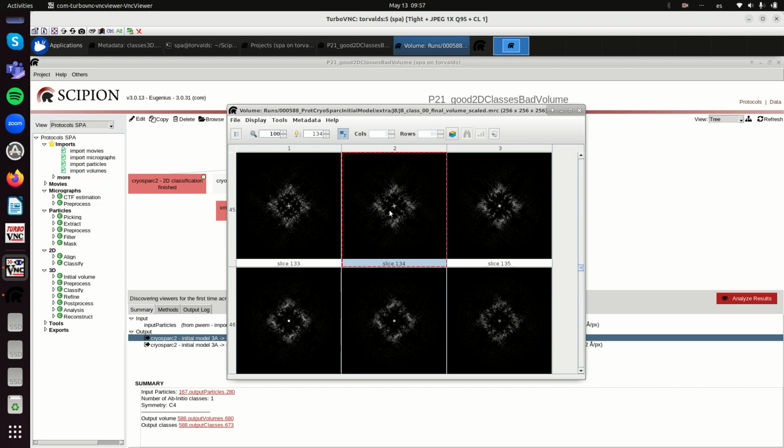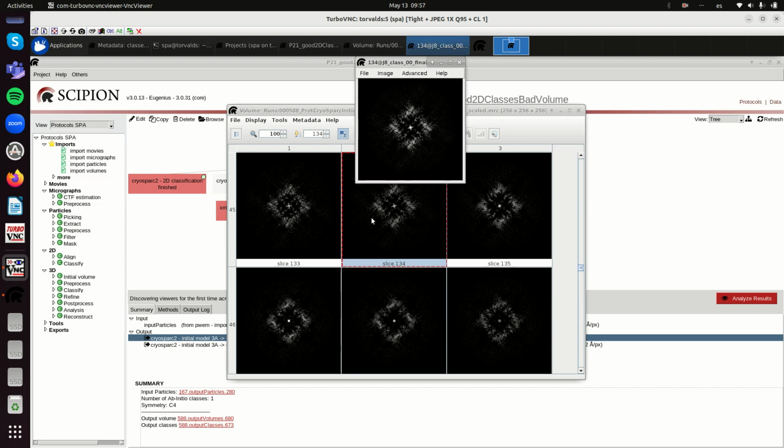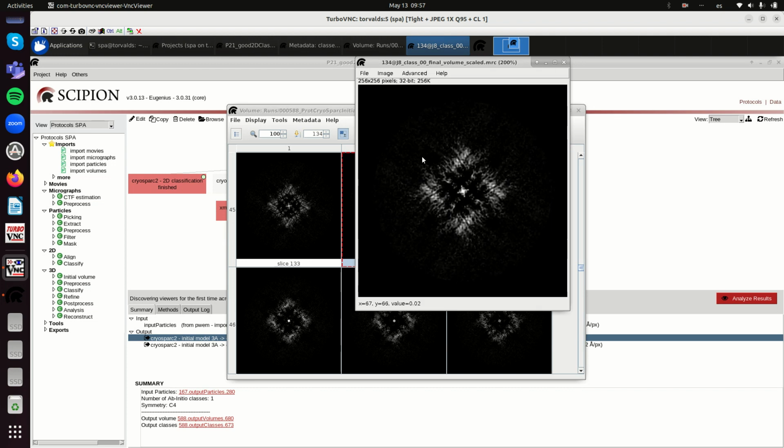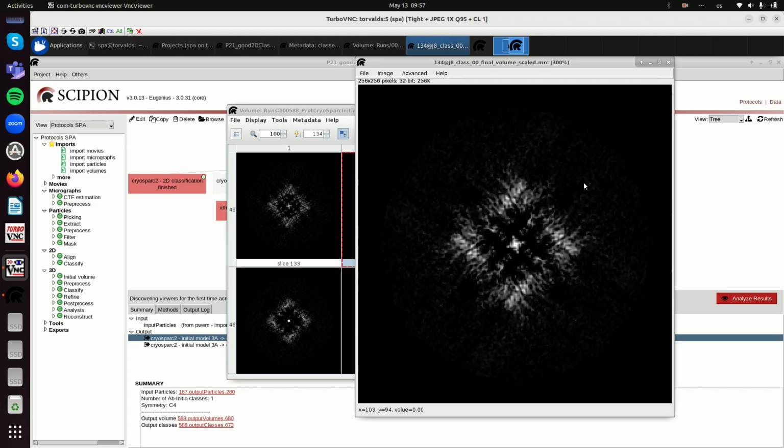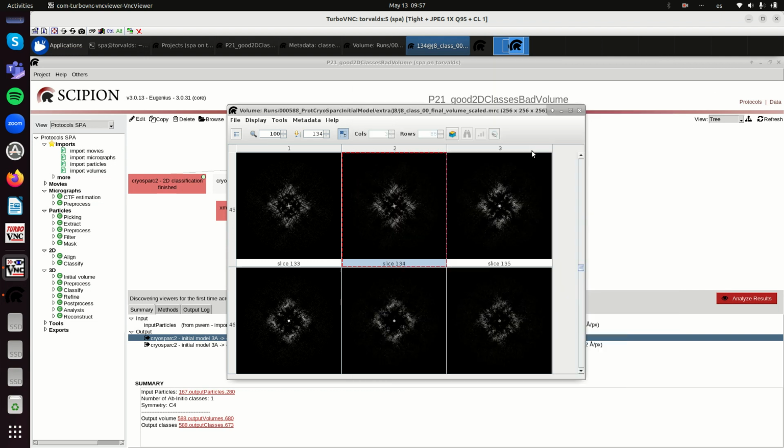Actually, what we see here is rather artifactual. Normally proteins don't have these features. I agree that you need a trained eye for this, but it doesn't look like a protein. This is simply a manifestation that the algorithm has converged to a local minimum that is not the correct structure.